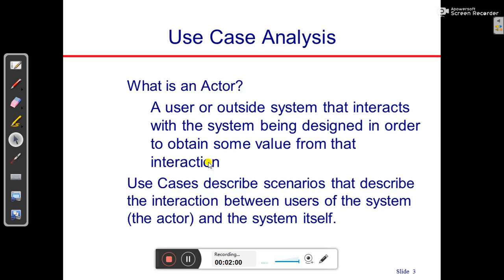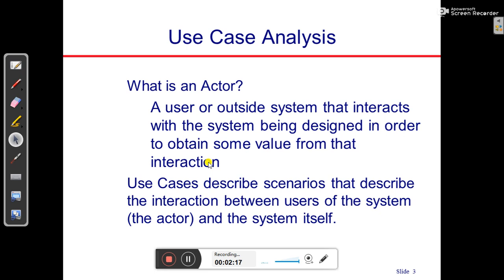What is an actor? A user or outside system that interacts with the system being designed in order to obtain some value from that interaction. So this is a very important definition of actor.